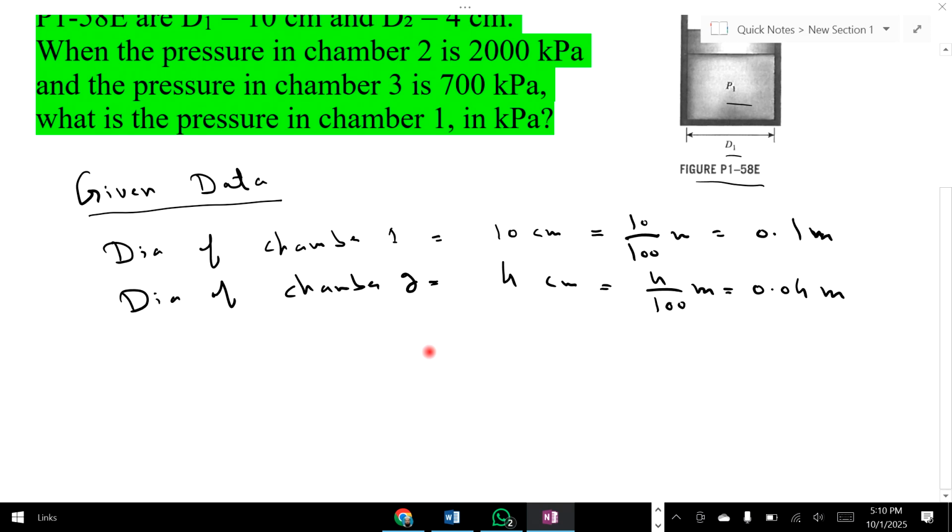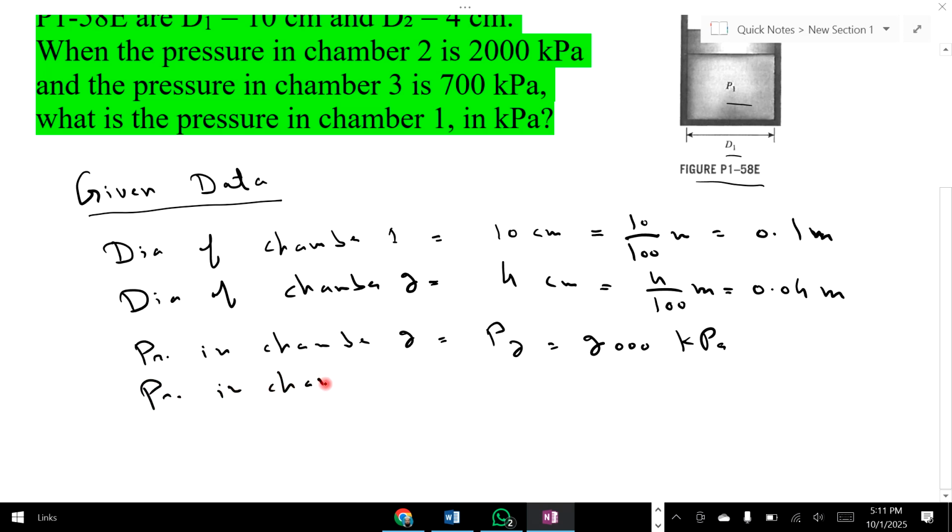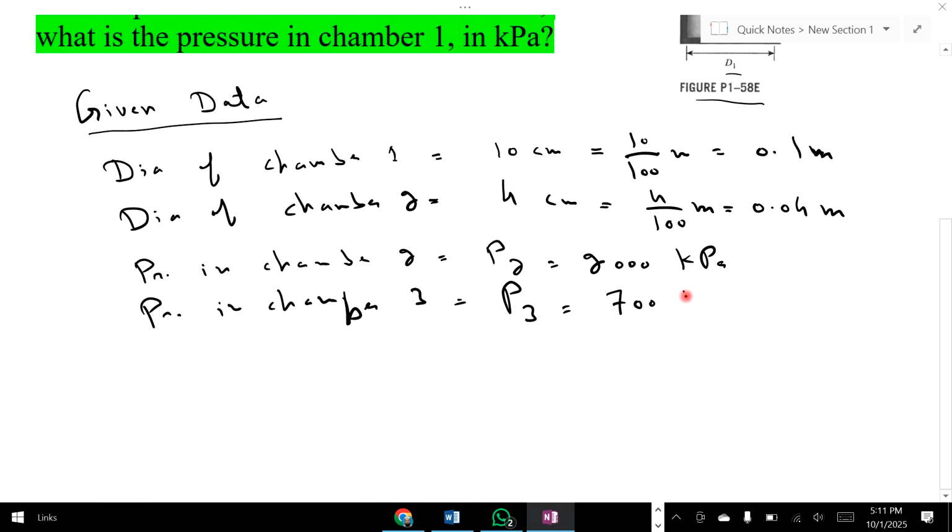When the pressure in chamber 2 is 2000 kilopascal, P2 is equal to 2000 kilopascal, and the pressure in chamber 3, P3, is equal to 700 kilopascal.